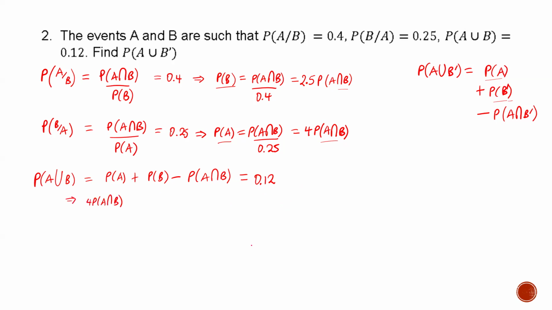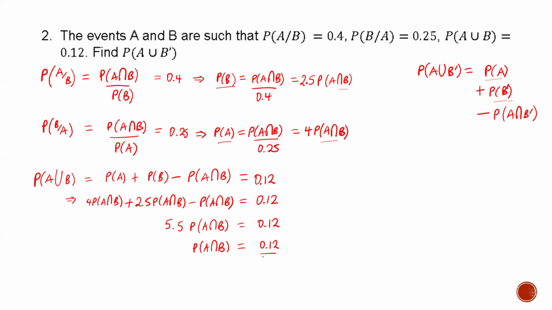The probability of B is 2.5 times the probability of the intersection. And then we just have, minus the probability of the intersection. And this is 0.12. If you simplify that, you end up with 5.5 times the probability of the intersection being equal to 0.12. That means that the probability of the intersection of A and B is 0.12 divided by 5.5.